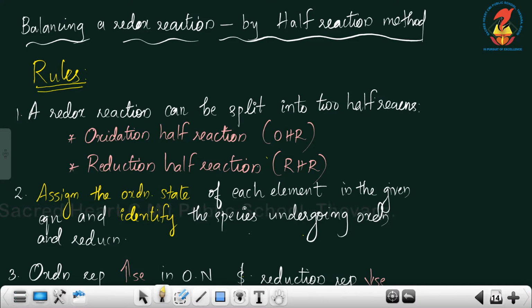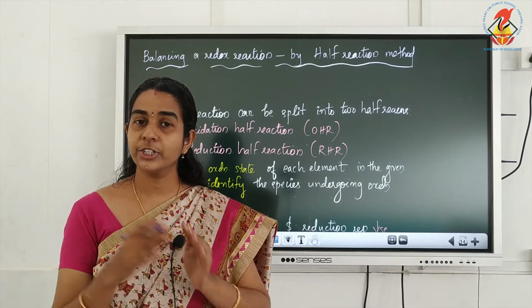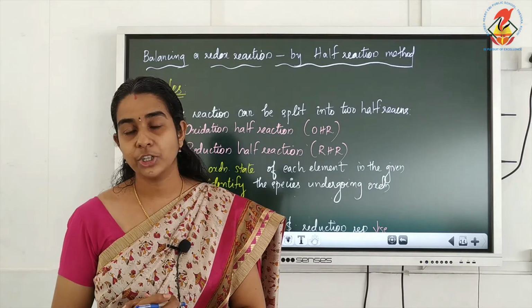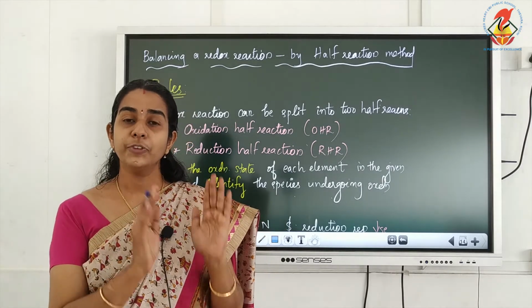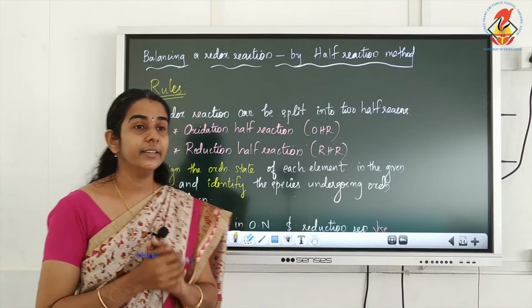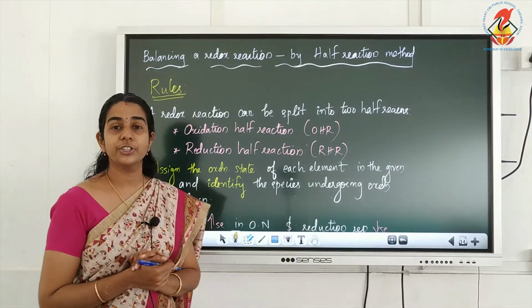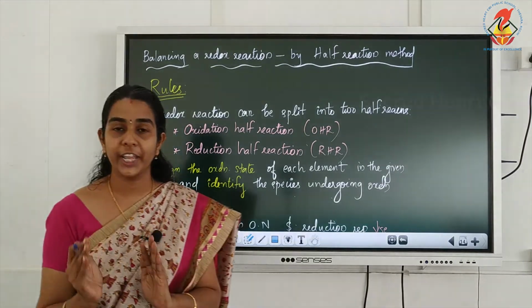Now from the previous sections, it is clear that a redox reaction means there will be oxidation and reduction taking place simultaneously. So there will be one oxidation reaction as well as one reduction reaction. So the first point is we can split a redox reaction into two half reactions.